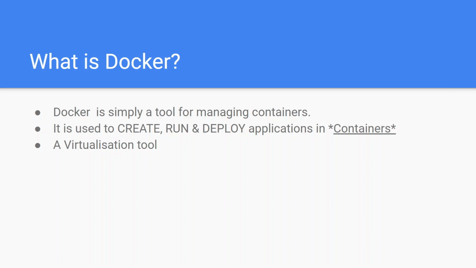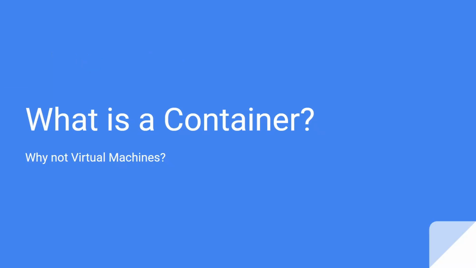The next part we're going to talk about is a container. But what exactly is a container? A container is like a box that has everything you need. A container has the source code, the dependencies, the versions, the runtime environment, everything you need about a particular programming language.